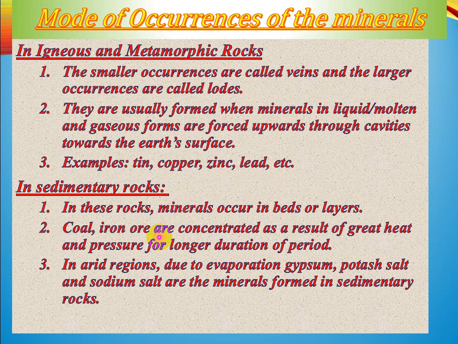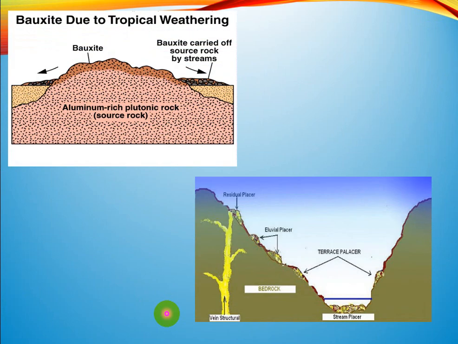Among sedimentary minerals, as I already said, when they are there in beds of layers, coal and iron ore are concentrated in that form. And in the arid regions, due to evaporation, we have gypsum, potash salt and sodium salt, which are there in the sedimentary rocks. Now let us go to the next slide. You can see another picture.